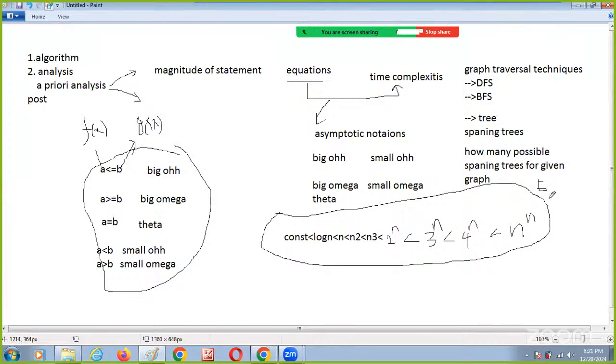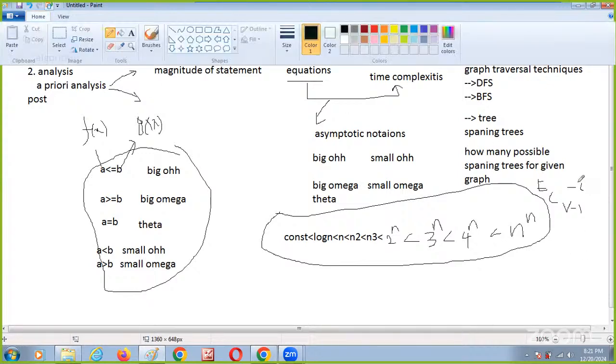number of edges C (number of vertices minus 1), and whole minus the number of cycles.